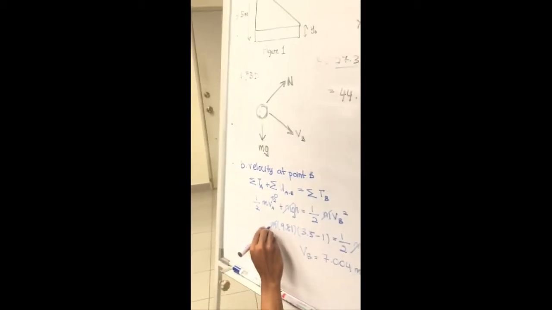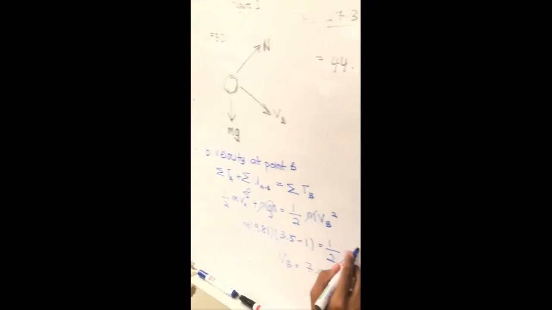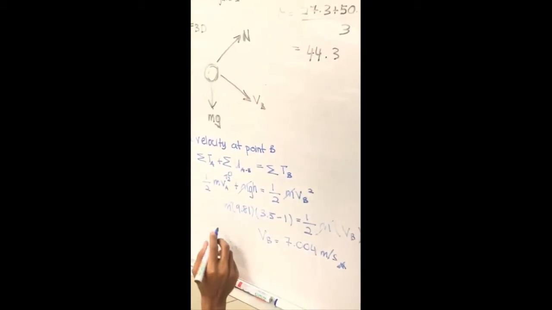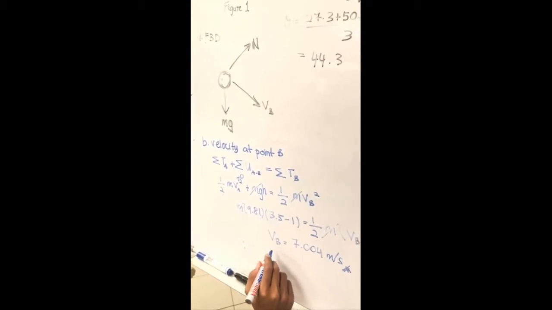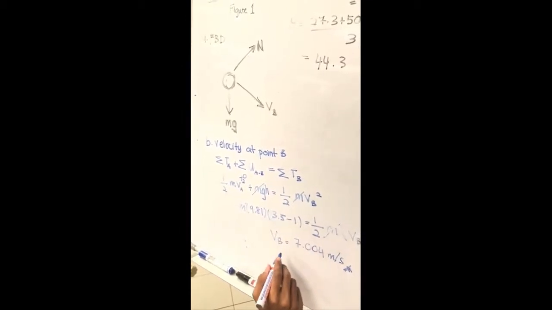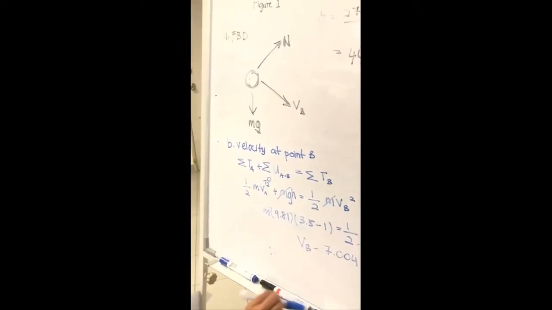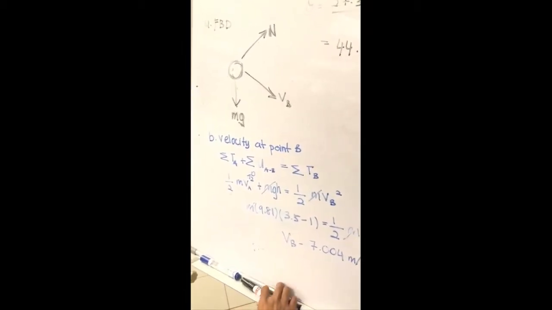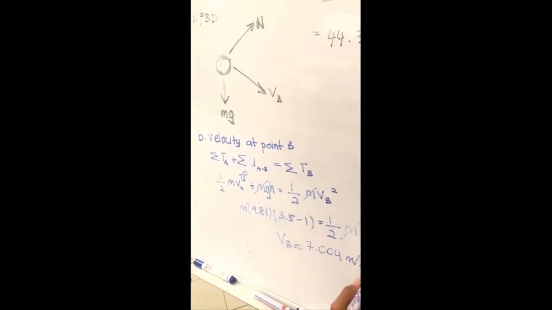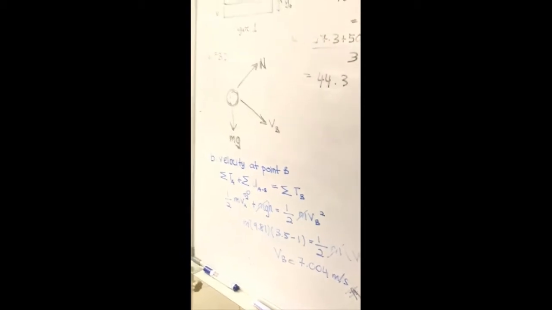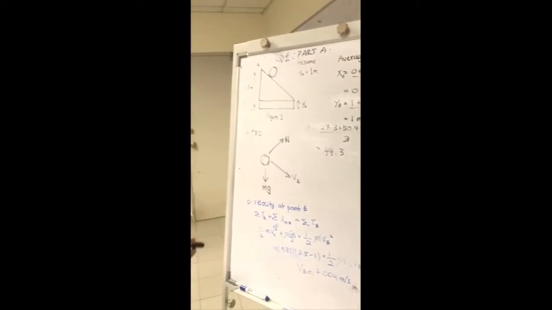The mass we can eliminate. For VB, we calculate all, and the answer is 7.004 meter per second.